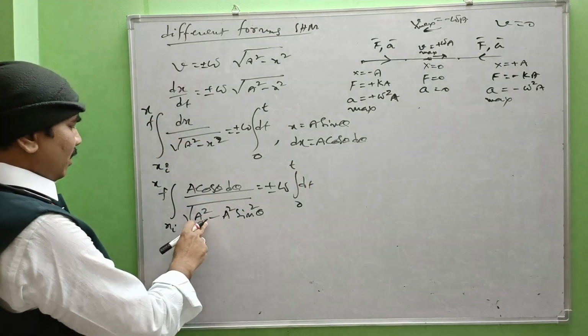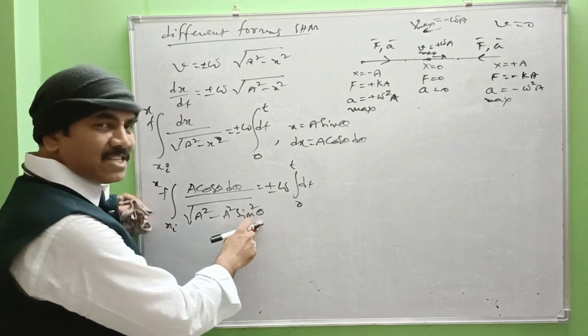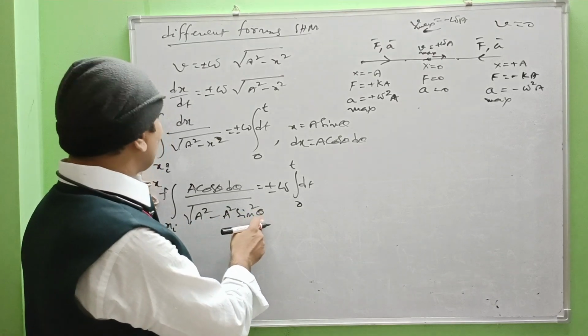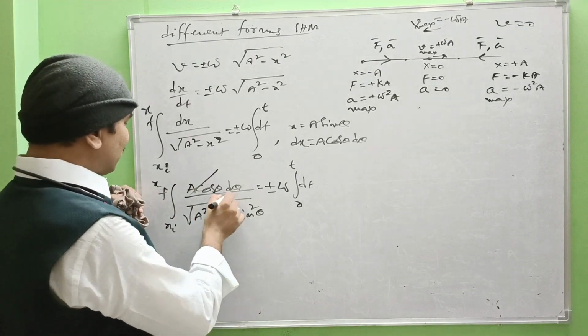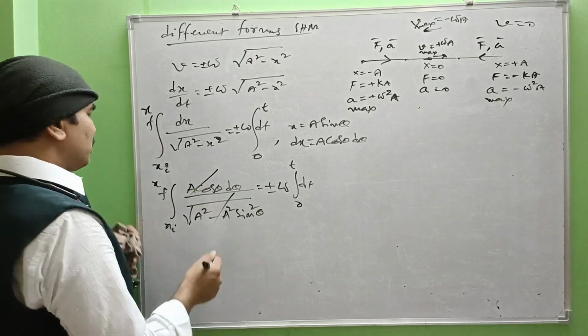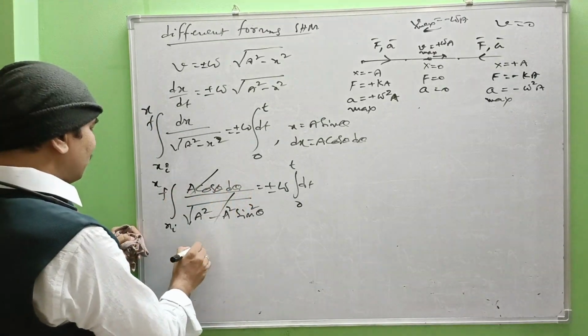See here, a square is kept outside, it becomes a into root over 1 minus sin square theta, which means cos theta. So a cos theta over a cos theta, they cancel with each other. We are left with d theta only. So integral d theta means theta.